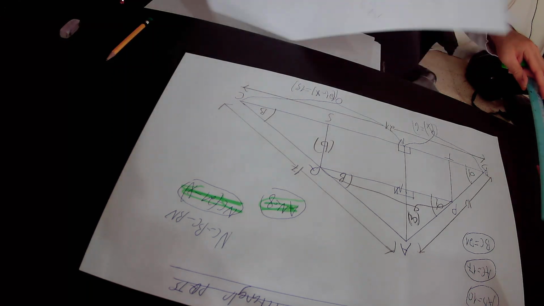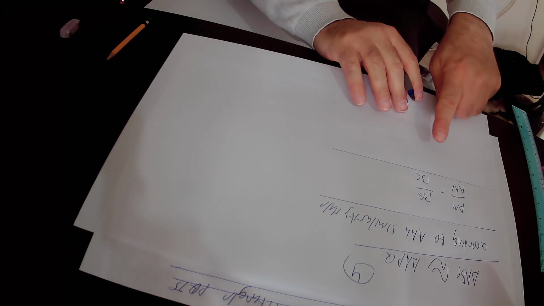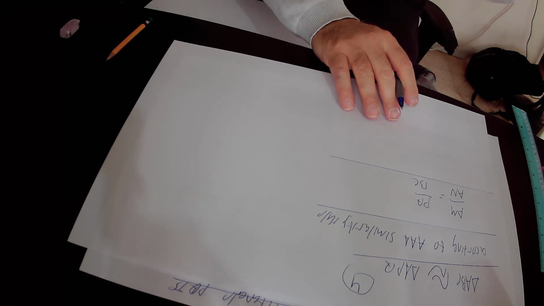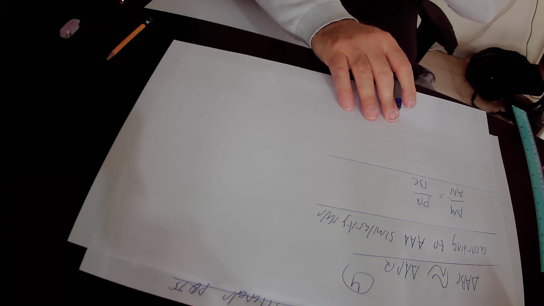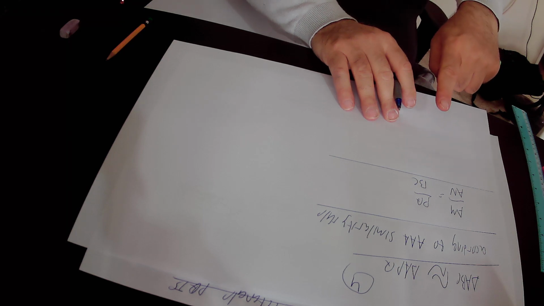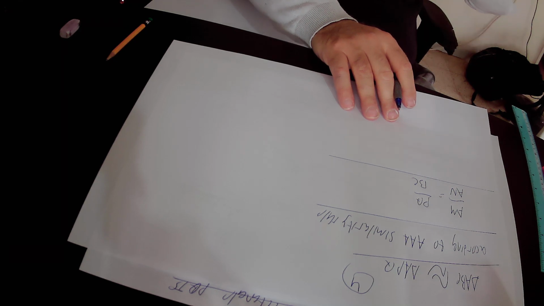Repeat again, because the big triangle ABC is similar to the small triangle APQ, then AM over AN, the ratio between their corresponding heights, must be equal to PQ over BC, which is the ratio between their corresponding sides.